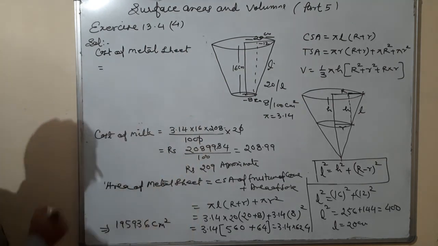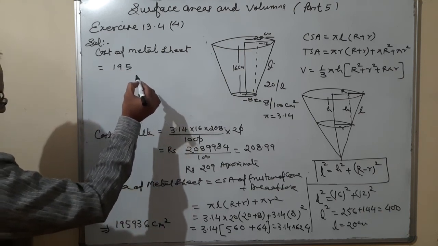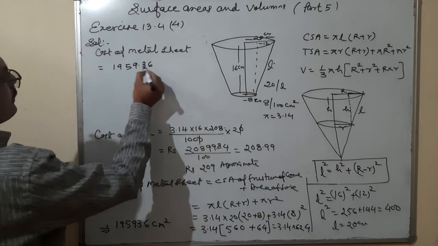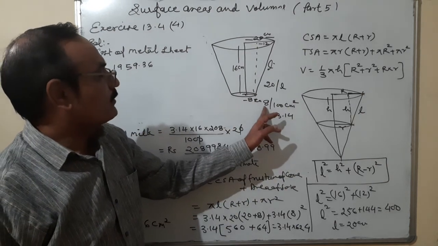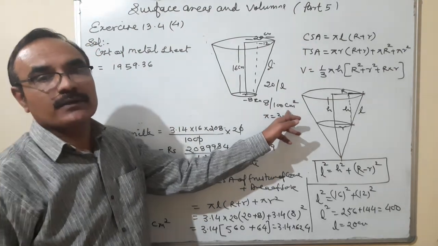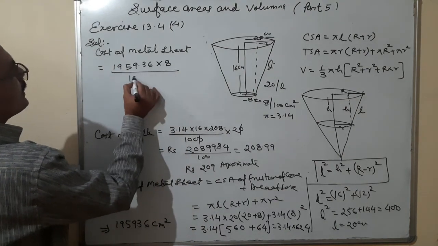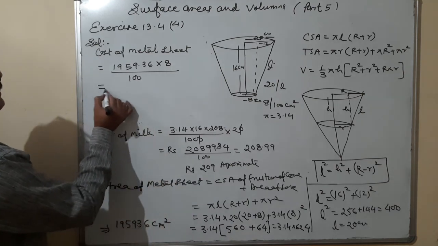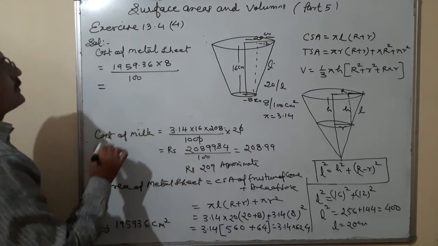Cost of metal sheet is equal to 1,959.36 centimeter square. Cost of metal sheet is rupees 8 per 100 centimeter square. So that means multiplied by 8 upon 100. We are not going to cancel it now, simply multiply it by 8.